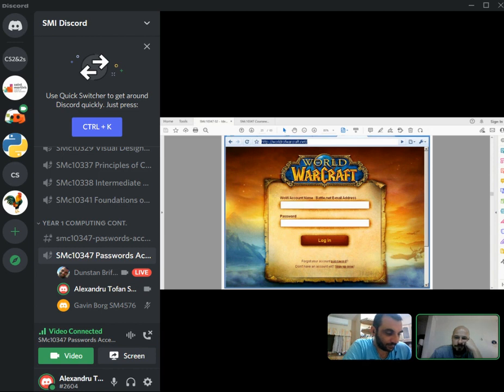In-game currency. Selling accounts. They can sell the accounts.